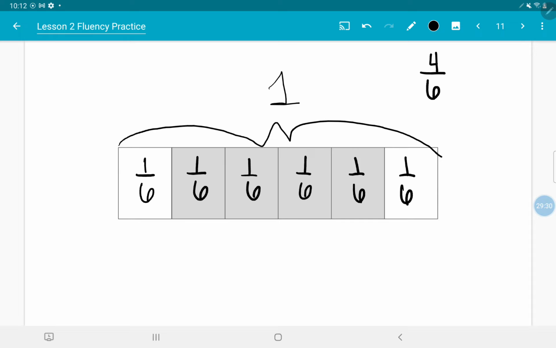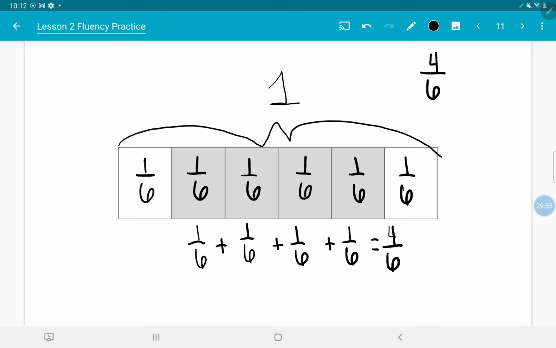What would I add? Each part is 1/6 plus another 1/6 plus another 1/6 plus another 1/6 equals 4/6.